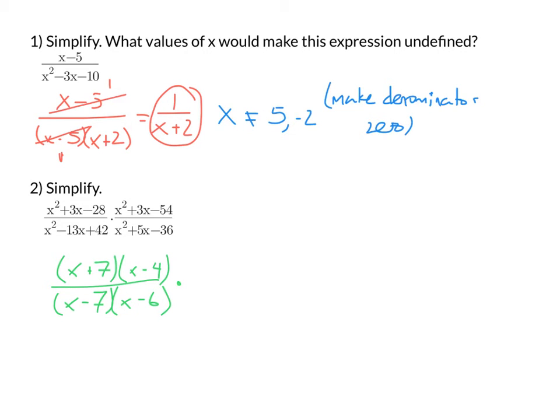The second fraction's numerator here will be x plus 9 times x minus 6, and then the denominator will be x plus 9 and x minus 4.